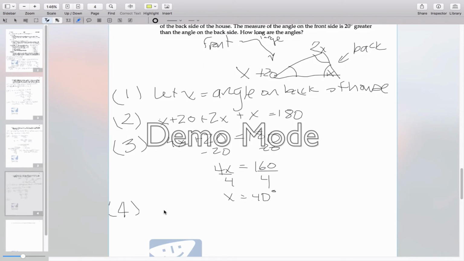You have to read the question and make sure you answer the question that is asked. The angles are 40 degrees, 80 degrees, and 60 degrees. 40 and 60 is 100, plus 80 makes 180 degrees, so the answer makes sense.